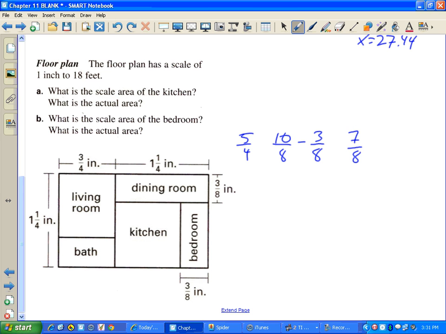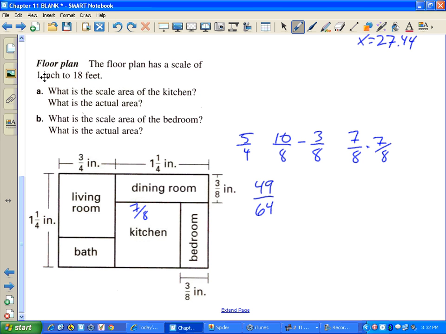So that would give me 7/8. So this is 7/8. This here would be the same size actually, because I'd be taking 1 1/4 minus 3/8 again. So if I take 7/8 times 7/8, that will be the area of the scale kitchen. So that's going to be 49/64.